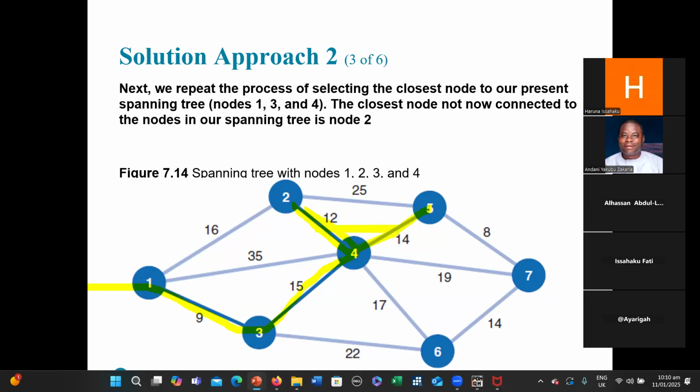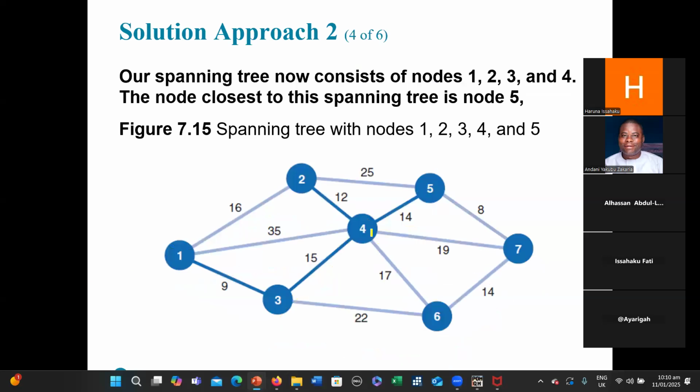So the spanning area now includes 5. With the spanning area now including 5, which is the shortest distance from the spanning area and is not currently connected? You see that it's from 5 to what? So 5 to 7.